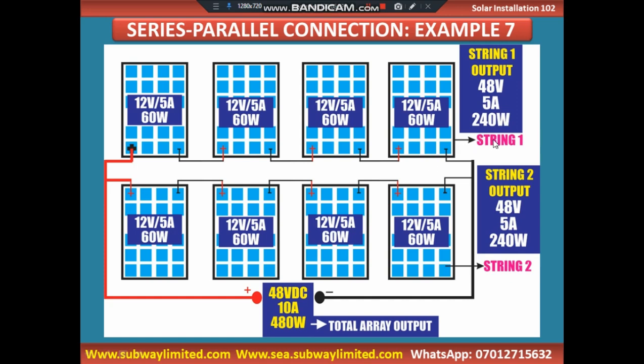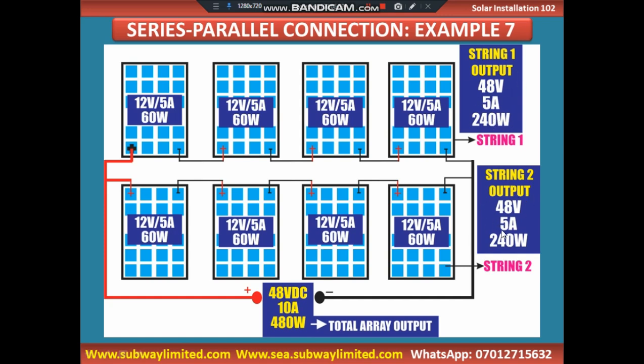That is for string 1. And you keep it. You do likewise for string 2. And if you test the output that you have here and the output that you have here, it will give you 48 volts, 5 amp. That means you have successfully connected string 1, you have gotten the output.